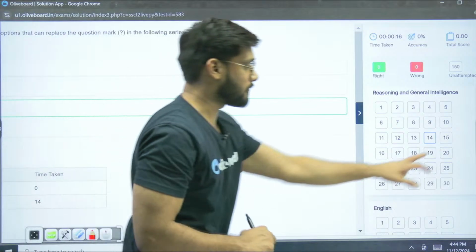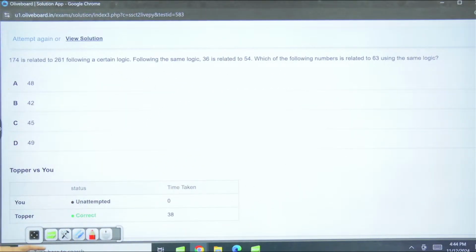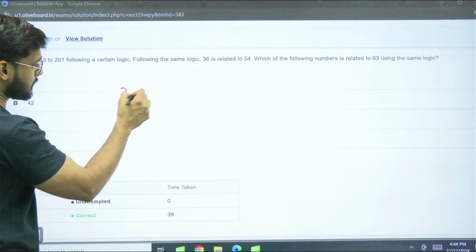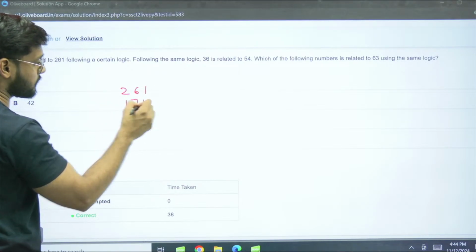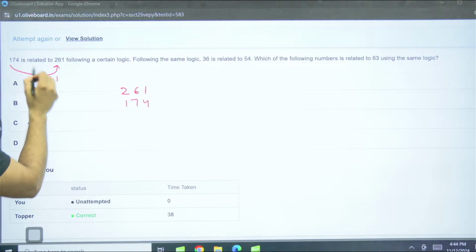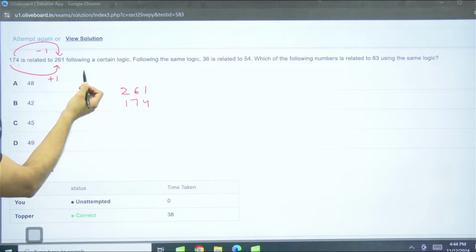Next, 15th question on our screen. How can we solve this one? 174 is related to 261. Let's take the difference between 261 and 174. We can say one thing, 1 plus 1 is 2, 7 minus 1, but 4 and 1 are not following any logic.